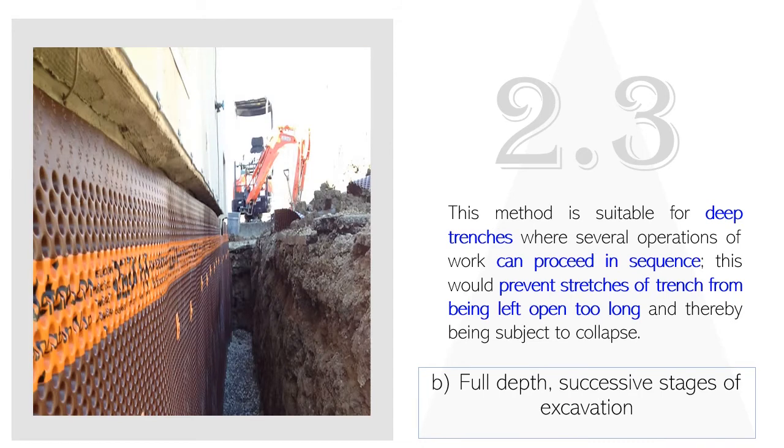The next method is full depth, successive stages of excavation. This method is suitable for deep trenches where several operations of work can proceed in sequence. This would prevent stretches of trench from being left open for too long and thereby being subject to collapse.